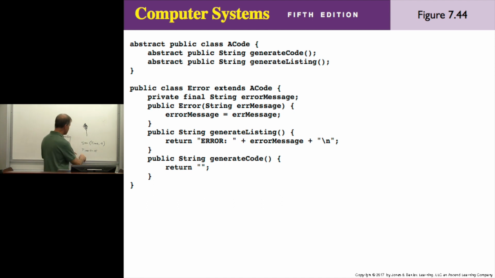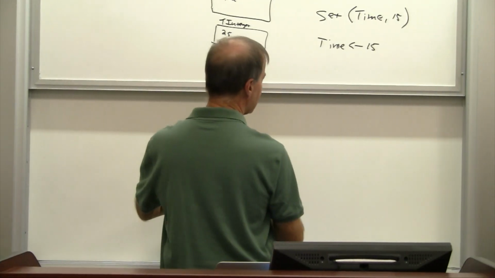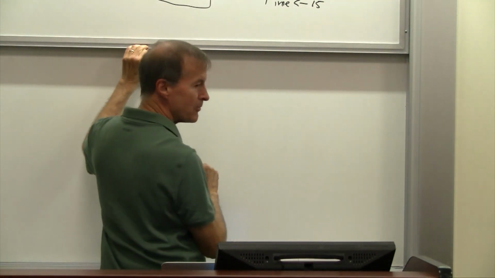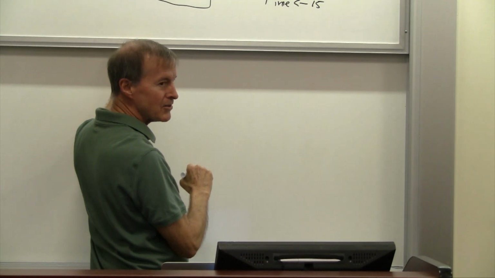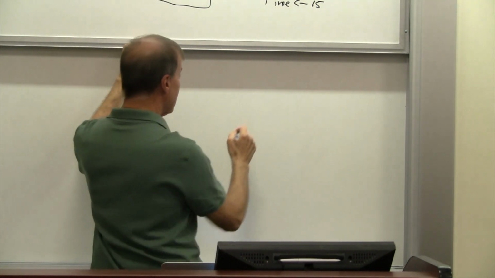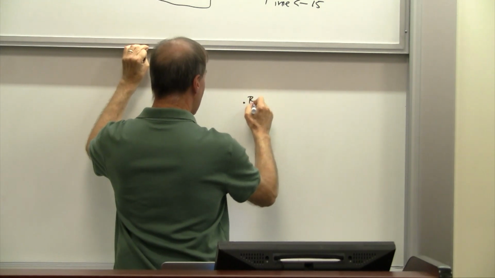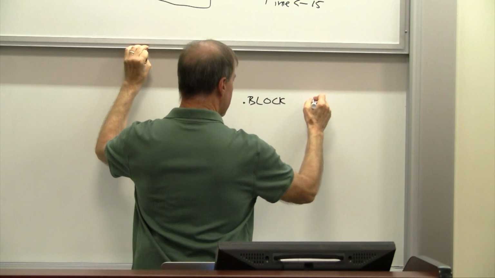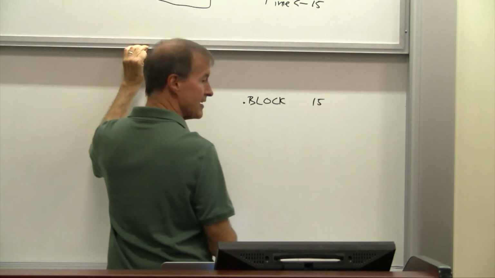And the listing is how this comes out. Of course, in PEP 9, it won't come out like set time 15. In PEP 9, it'll come out like this. A typical one. Now, what were the mnemonics that we had? Yours will be dot block, like 15, something like that.